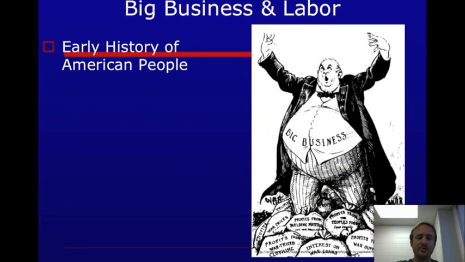Now, the early history of the American people, and this is before we're even a country, but as many people are leaving from Europe, specifically people from England, and making their way over to the New World, they are looking for freedom of some kind, whether it be religious or another type of freedom, but they are looking for freedom.